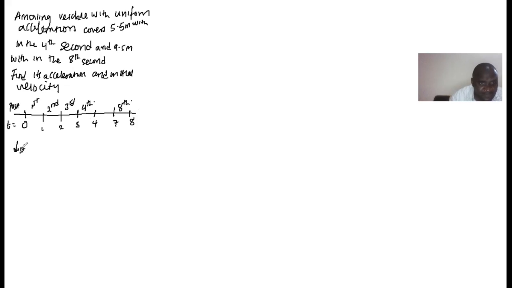Distance covered in the nth second. Distance covered in the nth second is got from the distance when time is n minus the distance when time is n minus 1.